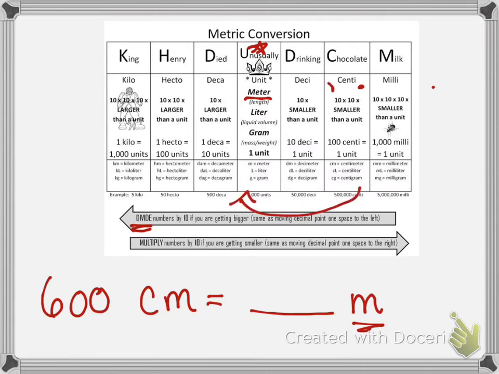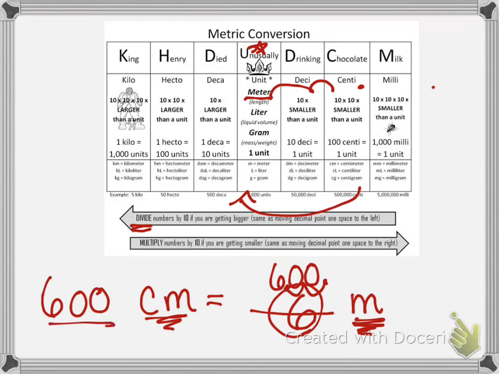So if we put our 600 here and here's our decimal point because it's a whole number, we're moving it 2 times to the left, 1, 2. What is our new number going to be? 6. 600 centimeters is equal to 6 meters, which makes sense because this is a larger unit of measure. This is a smaller unit of measure, so this number has to be smaller than this number.